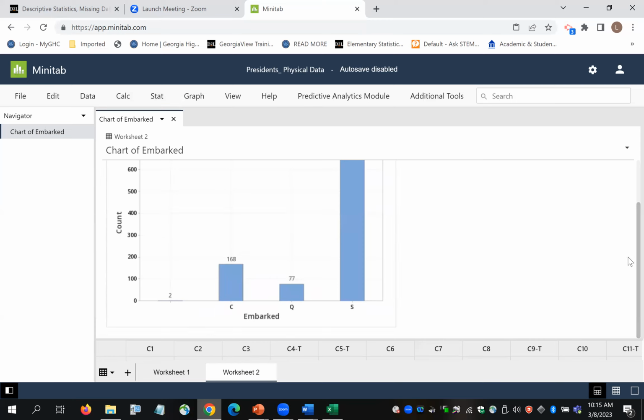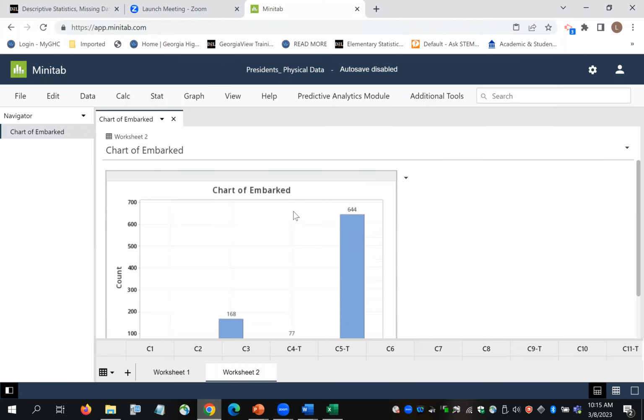You may leave them that way. But guys, "Chart of Embarked" is not a detailed descriptive title. Remember, you want the graph to be able to stand alone. You want somebody to look at it and know exactly what it's about.